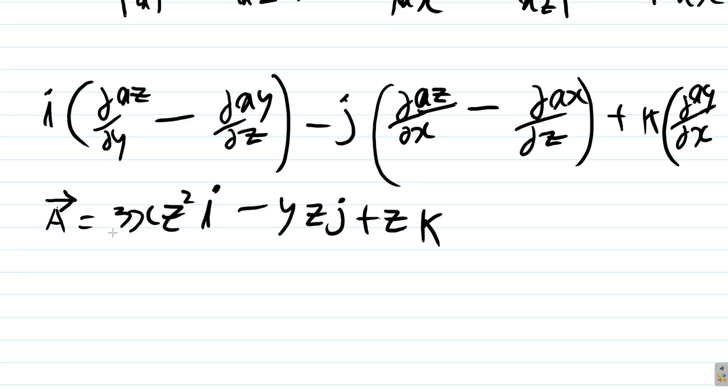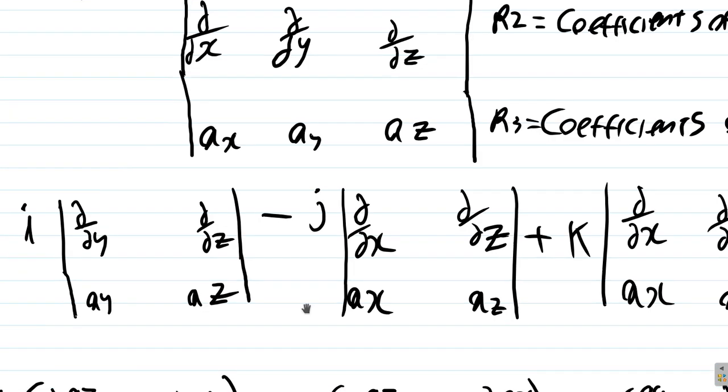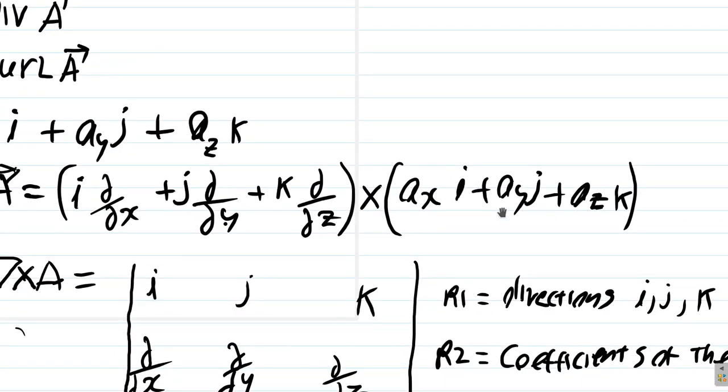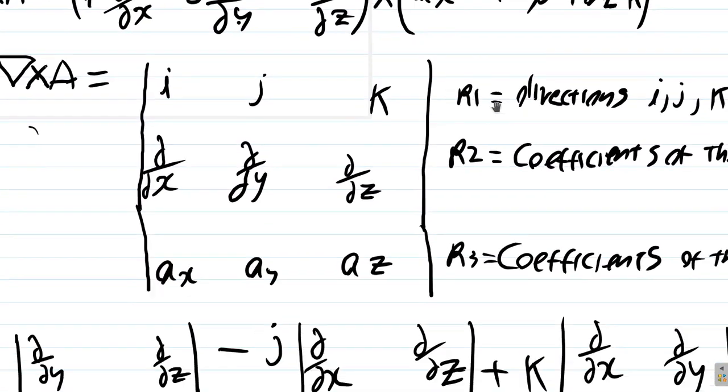All right, so here now, the partial derivatives. Remember, we have A, if you follow the pattern given by the equation, is Ax i plus Ay j plus Az k.